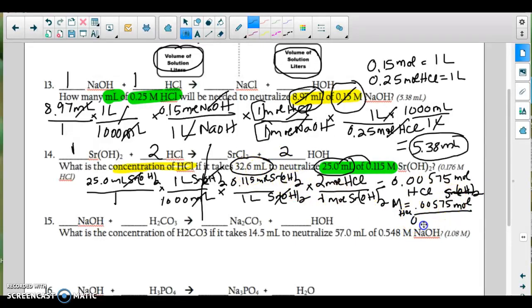And the liters, I'm just going to move that 3 places to the left. So when I divide 0.00575 by 0.0326, I get 0.176 molarity.